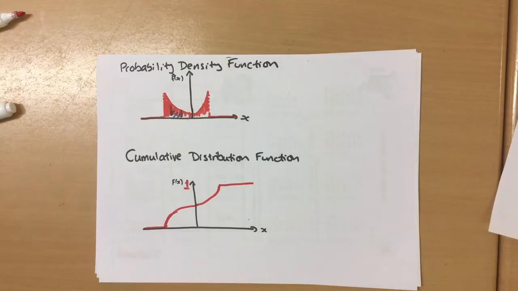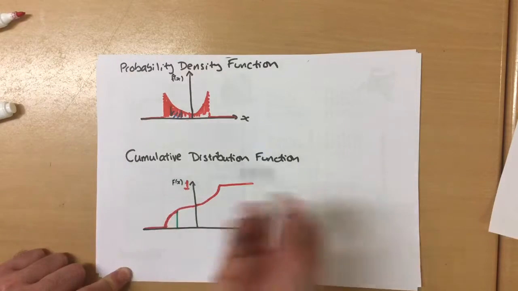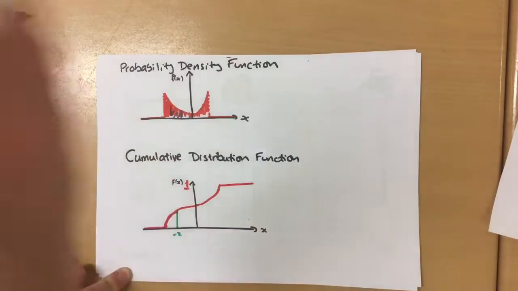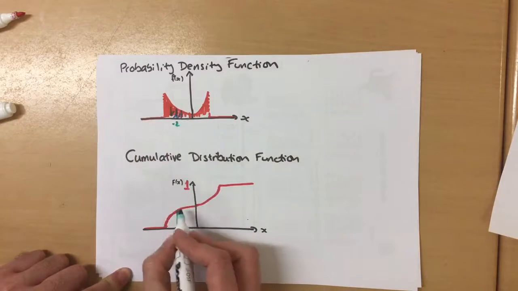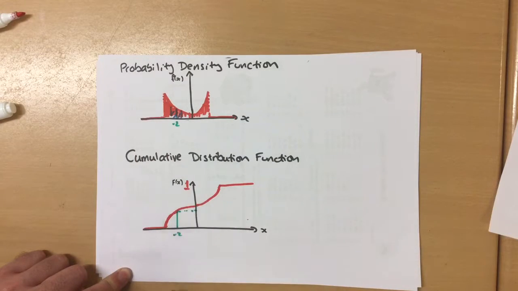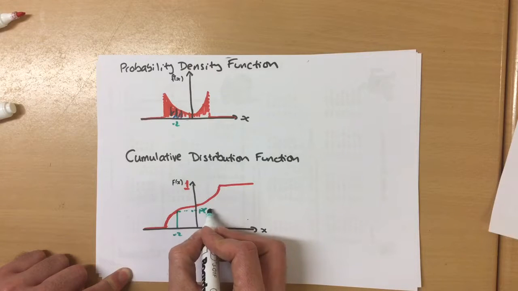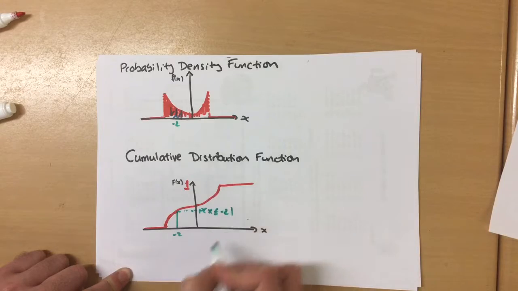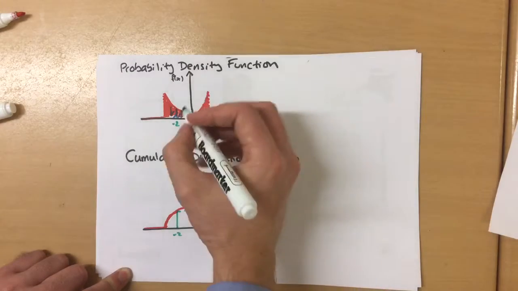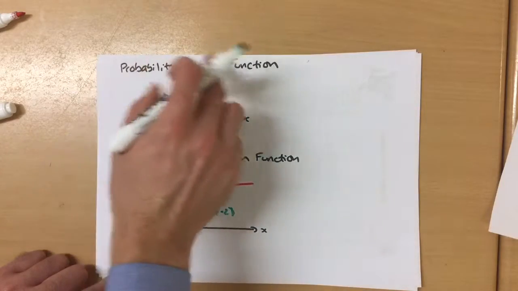Which means if I took a point like, say this point here, whatever point, so let's say this is -2, okay? Reading off the axis here, this is the probability that x is less than or equal to -2. It is the summation of all of this area on your probability density function.